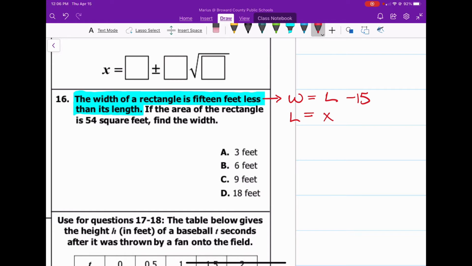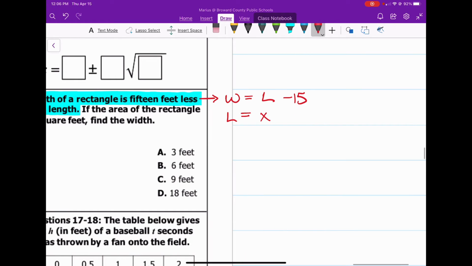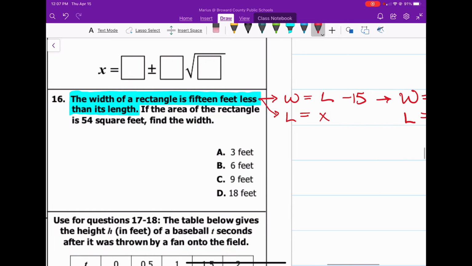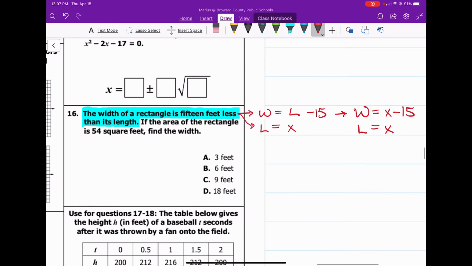So if I rewrite the width equation now, it should look like this. Width is equal to X minus 15, and the length is still just equal to X. Now that we're clear on that, the next thing it discusses is the area of the rectangle.